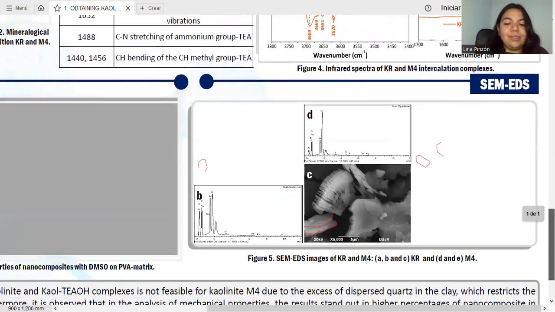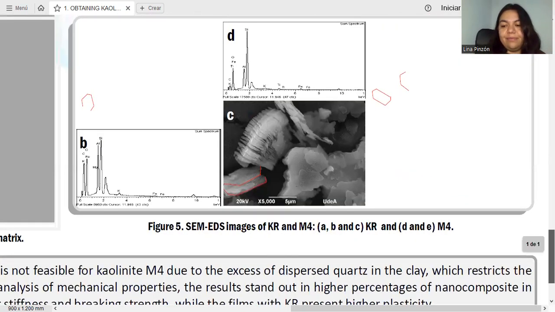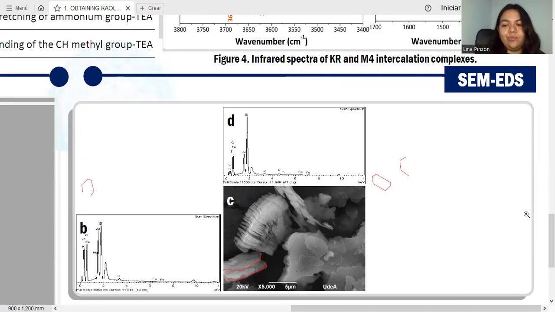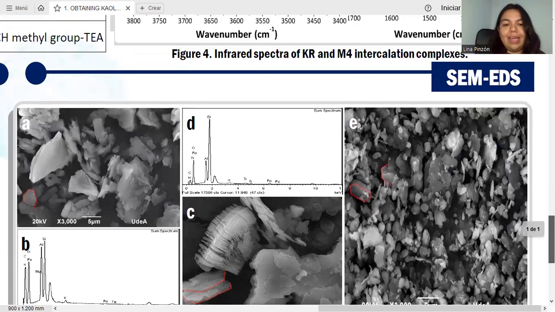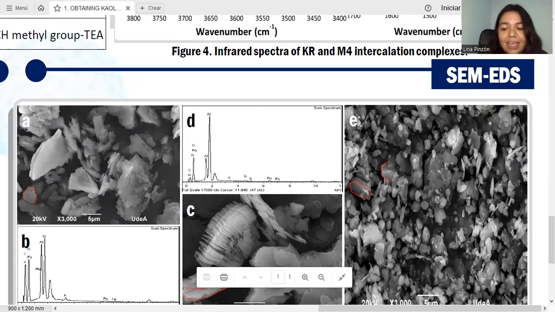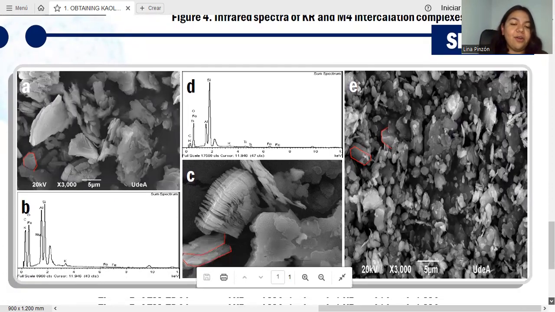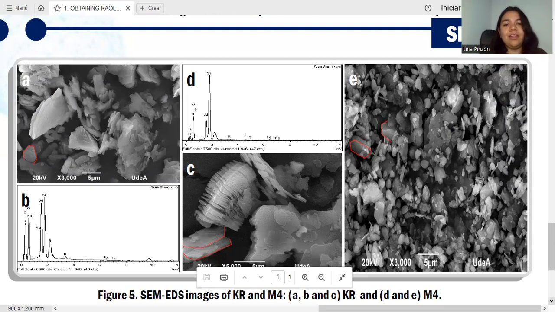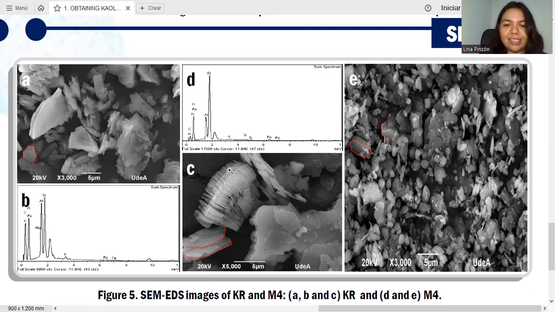Figure 6 shows the SEM micrographs and EDS analysis of the Kr and M4 kaolinites. Figures A, B and C show the pseudo-hexagonal and highly ordered morphology of the kaolinites due to the high content of kaolinite phase of Kr.